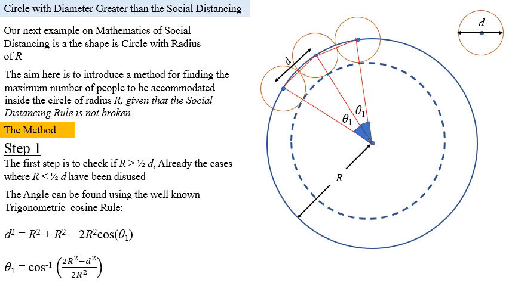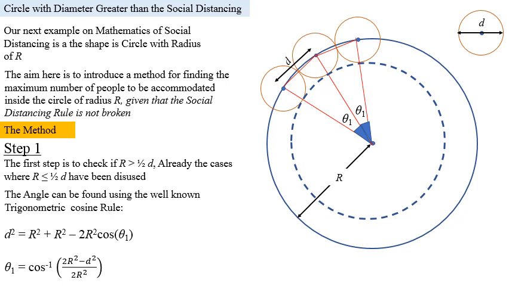Step one: assume that we have circles which are exactly tangential to each other mathematically. The distance between their centers is d, and this is d as well. Then I introduce the angle theta 1, with reference to the first circle, because later on we have theta 2 for the second circle and so on.